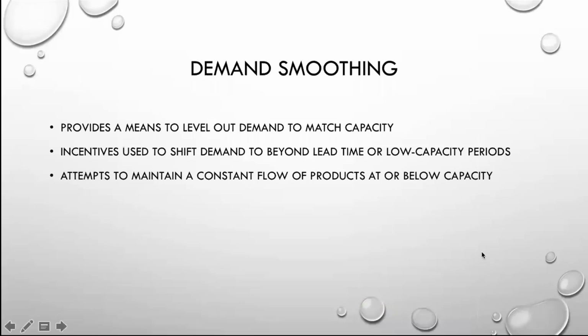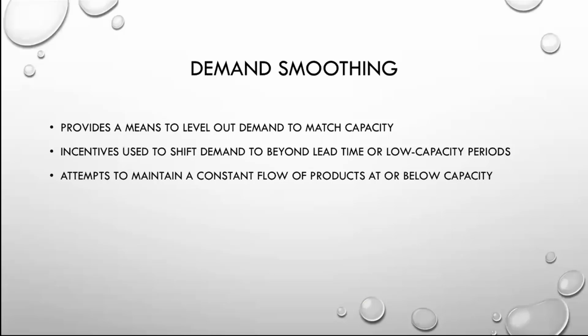Now, demand smoothing. Demand smoothing is a strategy that's used as a means to level out the demand to match the capacity of your supply chain. We use incentives to shift the demand further out so that you either shift it to a low capacity period or to your beyond lead time area. For instance, Boeing uses this a lot.